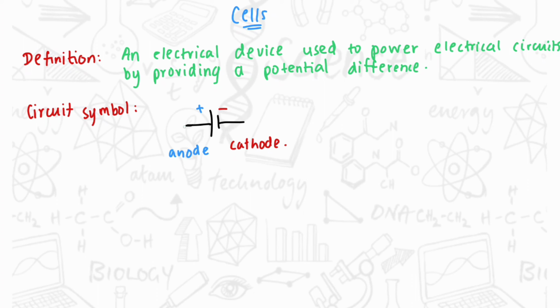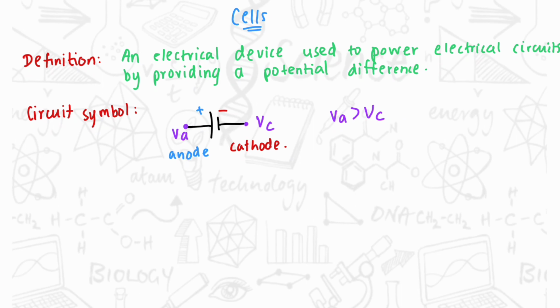And if we mark the voltages at the positive terminal as VA and the cathode as VC, VA is always greater than VC. Generally, if we take a cell, let's say the EMF of this cell is E, and if it is not an ideal cell, each of these cells has a specific resistance inside it.